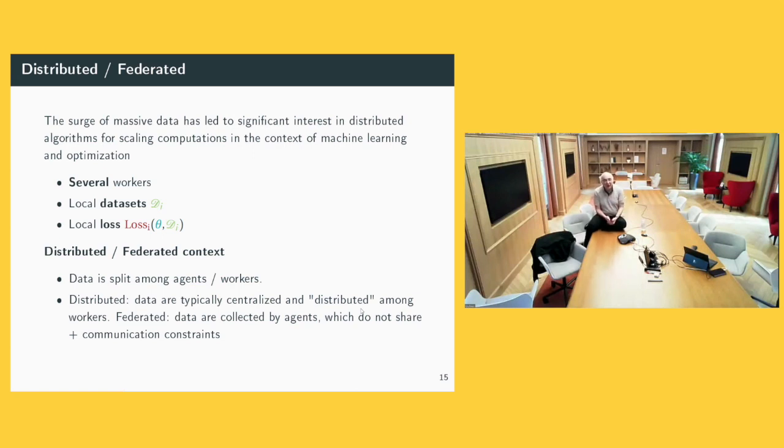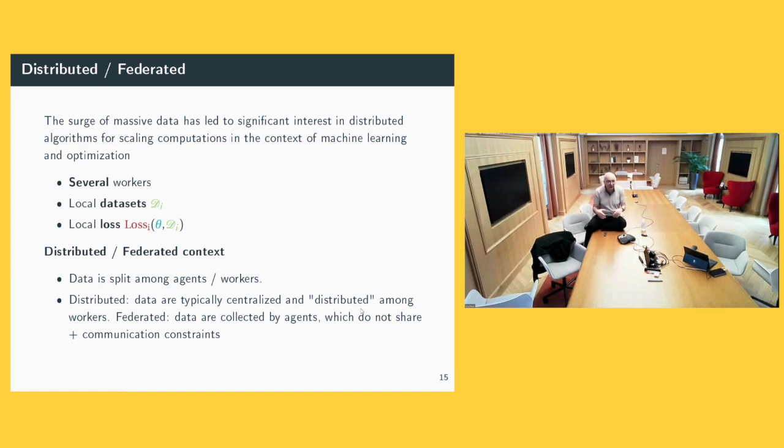Now we look at what is needed to extend this to the distributed federated setting. What is particular to the distributed or federated setting is that you have several workers, not a single worker, and each worker has a given data set. So the overall data set is split among agents or workers. What is the difference between distributed and federated?